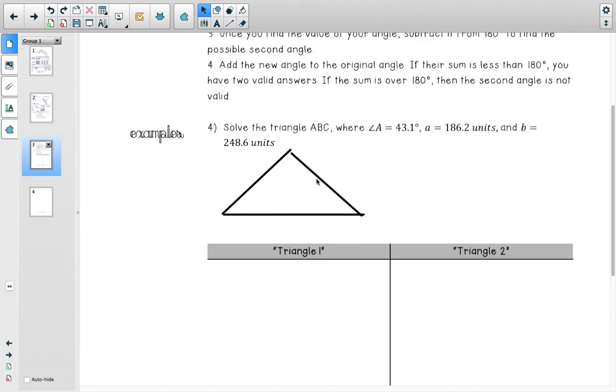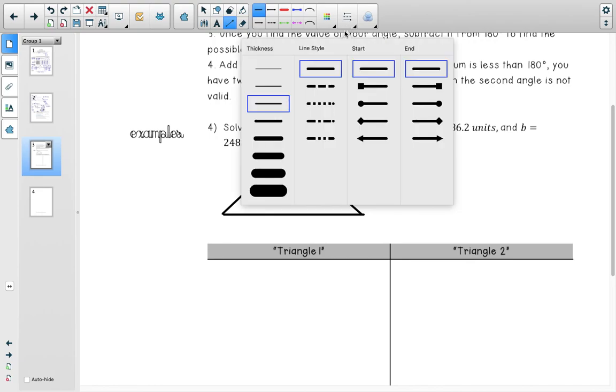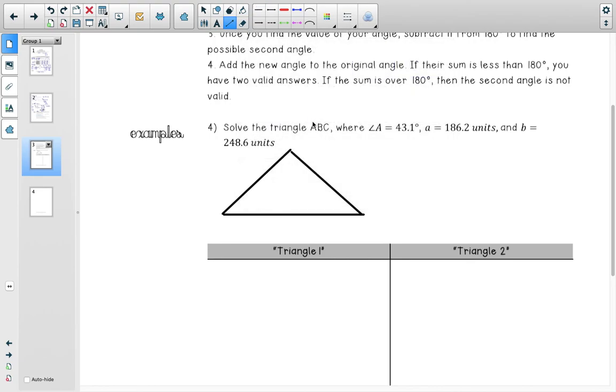Let's see if I can fix this here. Okay, so that would be triangle 1, but you also could have another triangle because of this type of example. So I'm going to draw this here. And we're just going to assume that these two sides are the same length, okay? They're not, but this is not to scale.